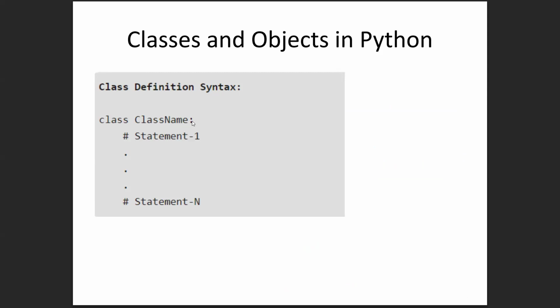After that, a colon, and inside it you can give as many statements as possible, statement 1 to statement n. After that, if you want to access them, you will use the dot operator. We'll see this further with practical examples.